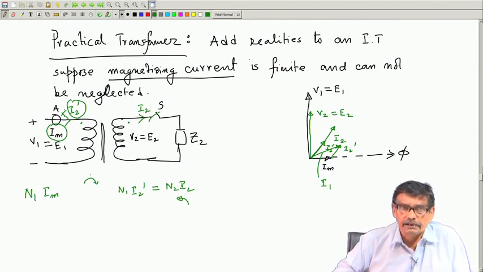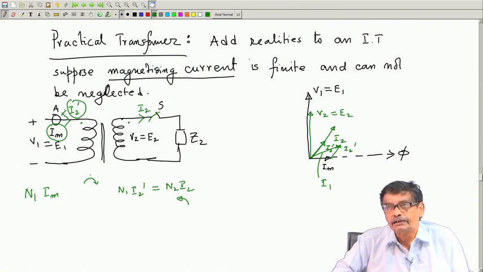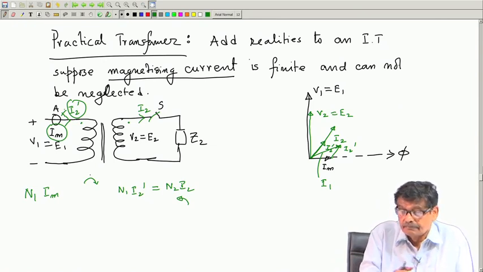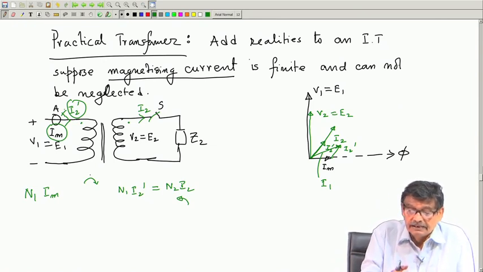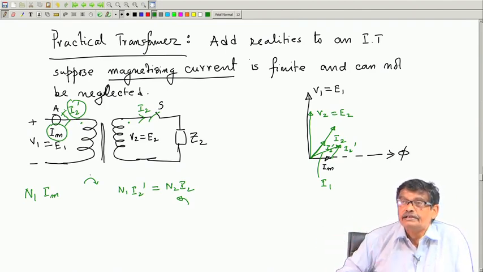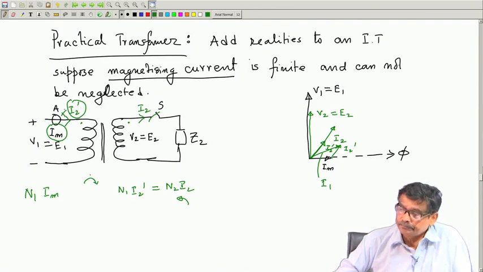I mean that I will add some parameters, some components in an ideal transformer, which will explain whatever I have seen happening in a practical transformer correctly. That is the idea.